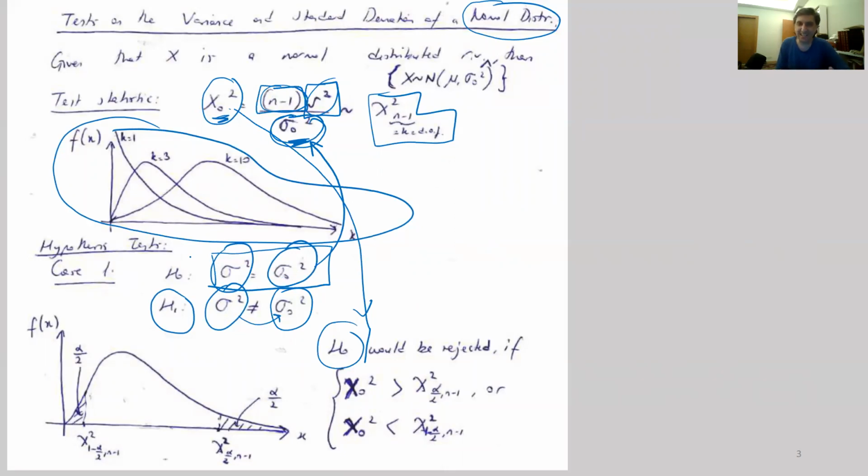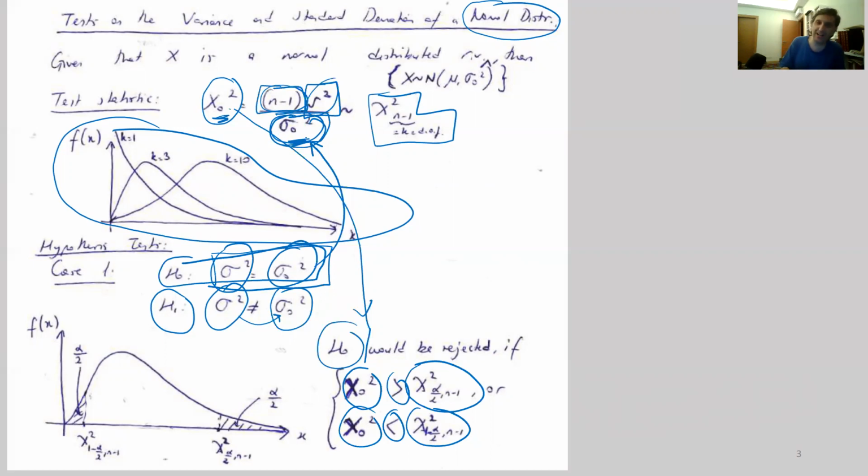So again, at least at the beginning, we take it that H0, the null hypothesis, is true. We continue based on this premise and we check the result. If x0 squared comes out to be a very high value, or a very low value, then we would say that the assumption of taking sigma 0 square for the process variance is invalid.